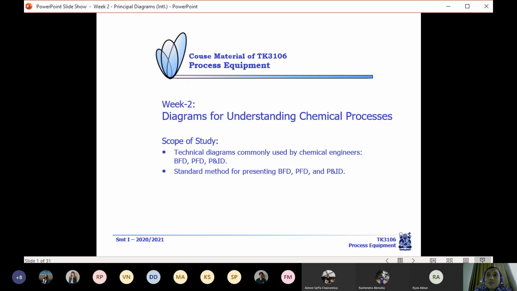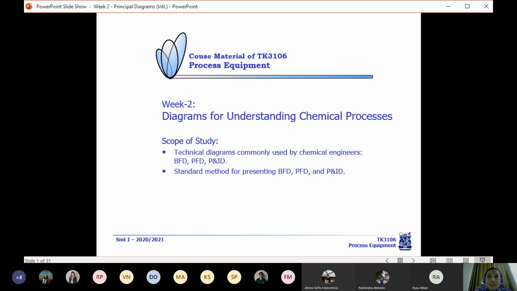Other than that, I will just show you other types of diagram, for example the utility diagram. The utility diagram is almost similar to the process flow diagram, but focusing on the utility area. Another type is the 3D isometric diagram, but it is usually used when you deal with a piping engineer.